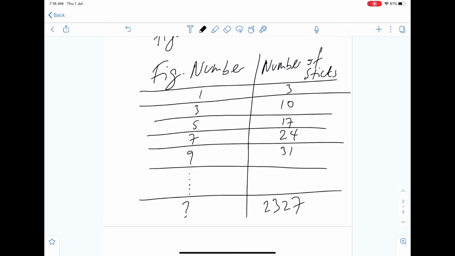Now, how do we go about doing this question? As you can see, in between odd figures, we are adding 7 each time. So how many 7s do I need to go from 3 all the way to 2,327?